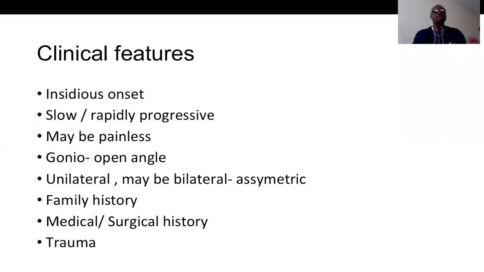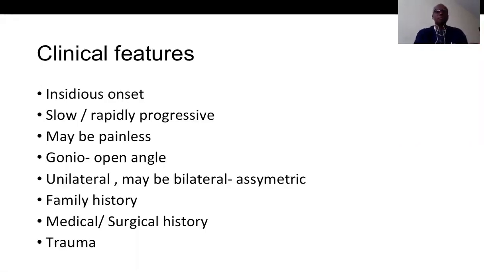Generally, the clinical features may be as follows. Generally, they are insidious in onset, maybe slowly or rapidly progressive, depending, and may be painless. The gonioscopic finding in this particular subgroup is open angle.